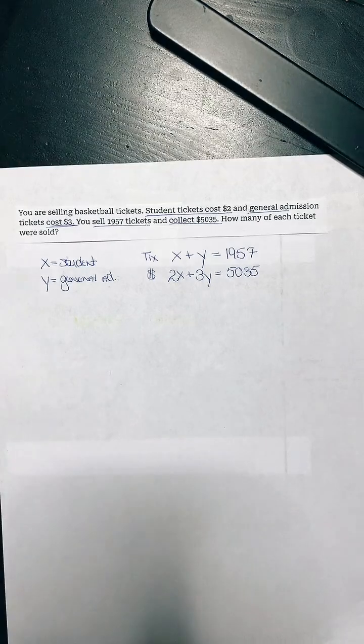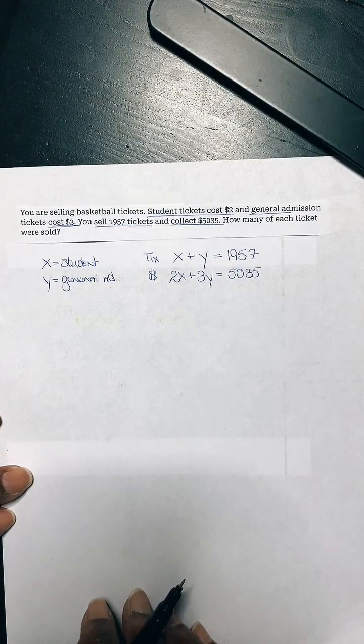What do you want to solve for? Do you want to solve for the X's first, or do you want to solve for the Y's first? Okay. So we're all going for the X's.